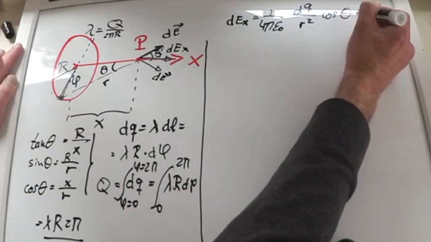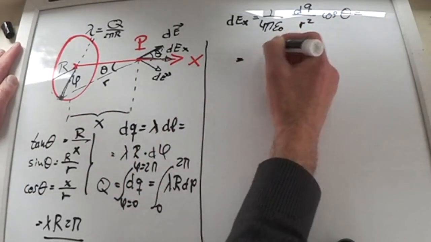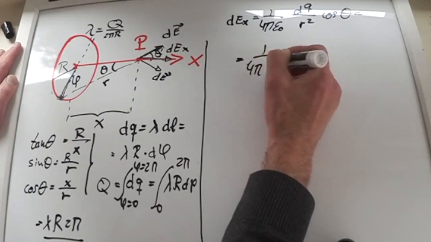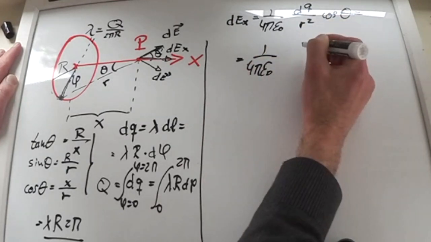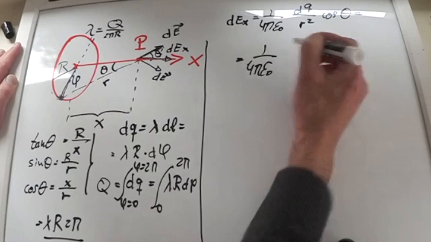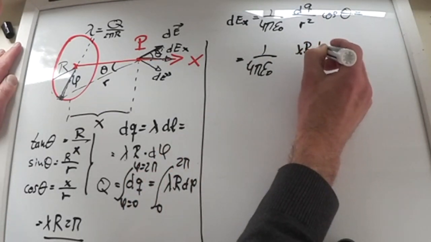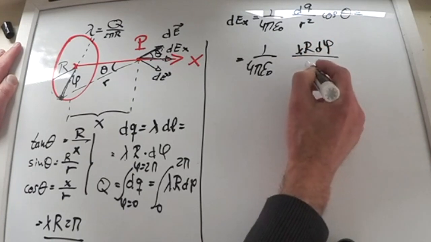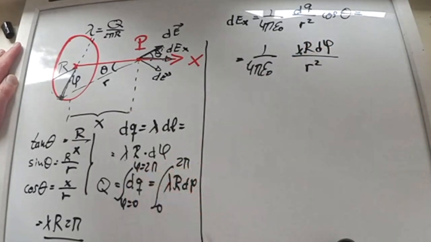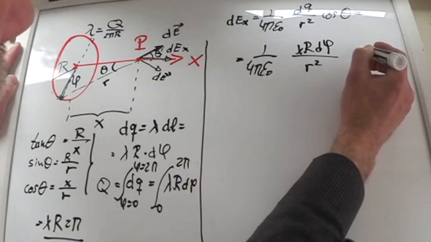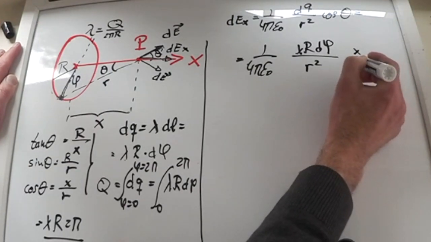So I'm going to substitute it here now. So dE_x is 1 over 4 pi epsilon naught, dq is this lambda R d phi, lambda R differential of phi, divided by this radius squared, and the cosine, which is x over r, over little r, by the way.